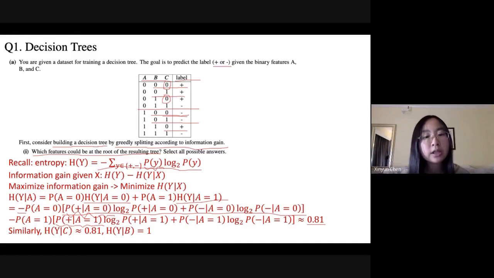So this is why if we want to build this decision tree by greatly maximizing the information gain per each split, then it is better to select A or C as the root of the decision tree.